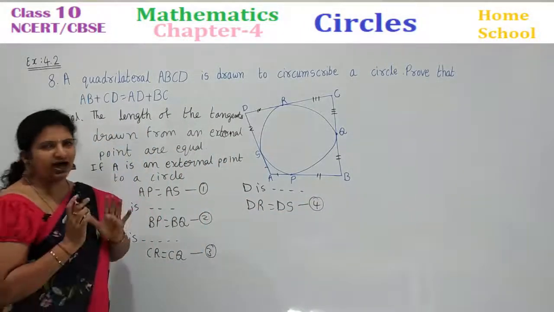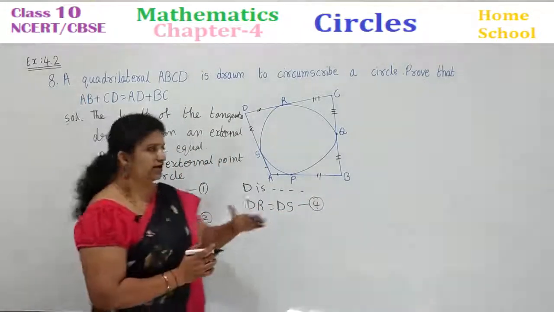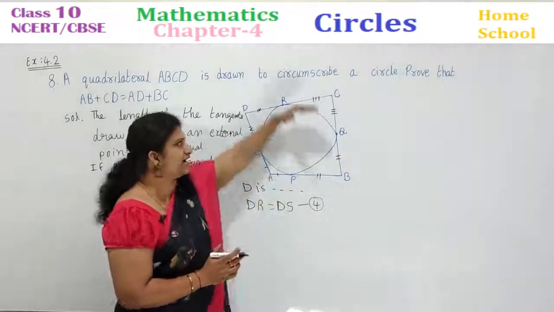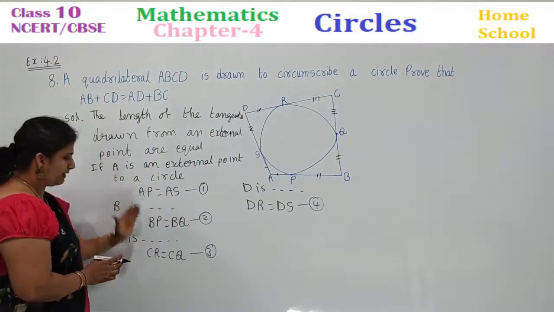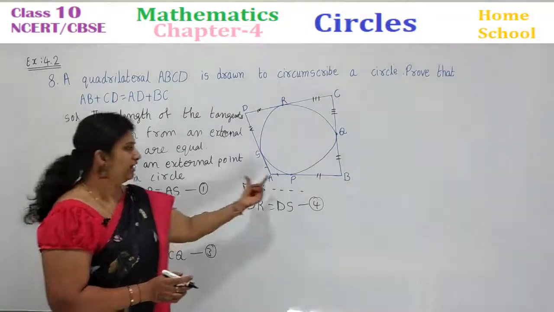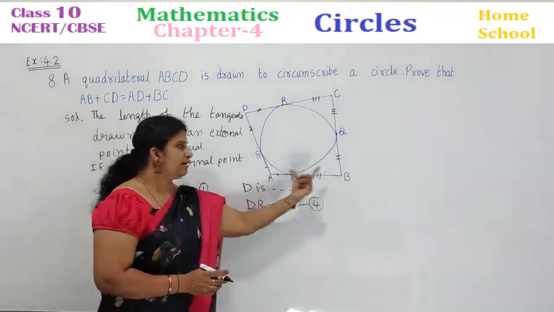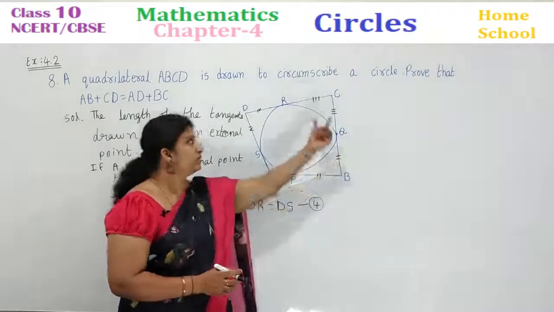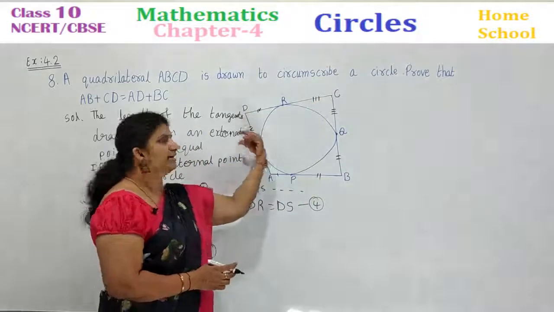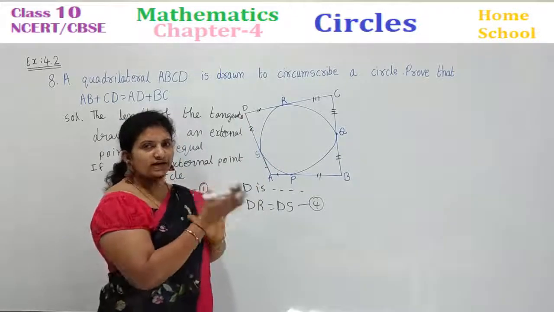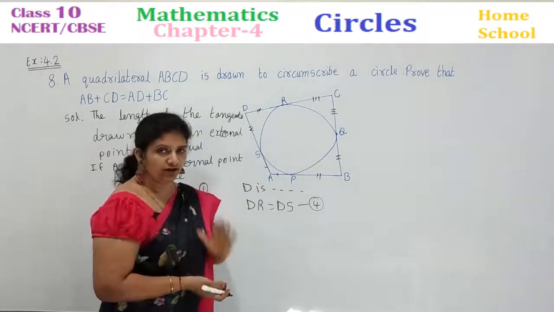Once again, understand how I am writing. Please look here. I try to write this side and this side on the left side. Look here carefully. AP, BP, CR, DR. AP, AS. BP, BQ. CR, CQ. DR, DS I have written. Don't write it upside down. How are we going to write?